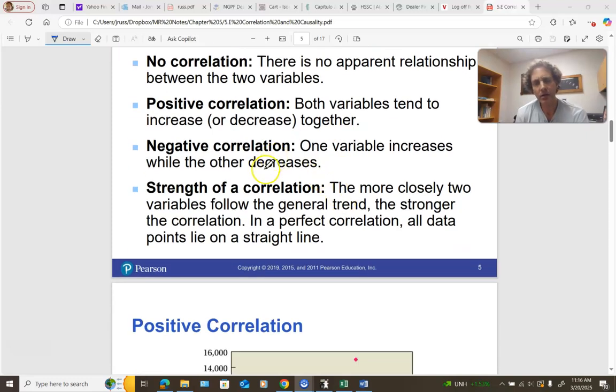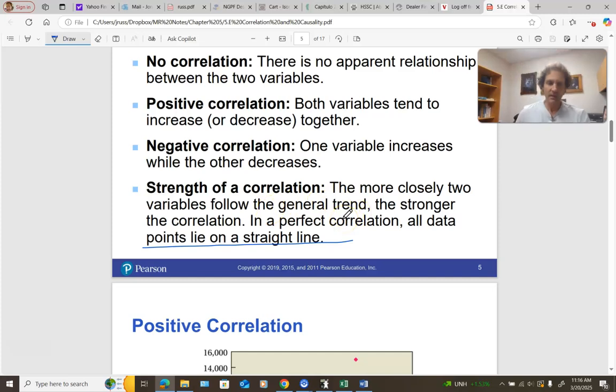Another thing we're going to talk about is the strength of a correlation. The more closely two variables follow this general trend, the stronger the correlation. In a perfect correlation, all data points would lie on a straight line. But rarely, if ever, in the real world would you see a perfect correlation.